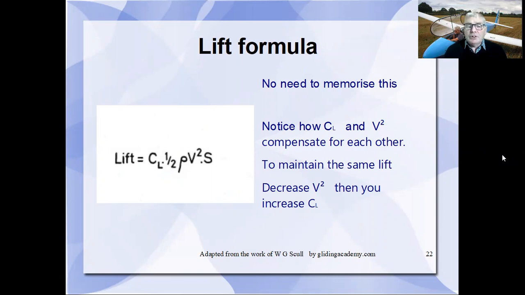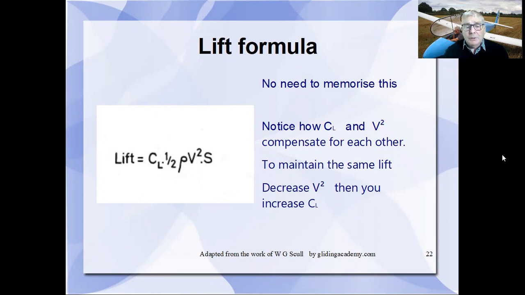So notice here the total lift equals the coefficient of lift, which is directly related to angle of attack, times half rho, where rho is the Greek symbol used for air density, times v squared, which is the velocity squared, times the square area of the wing. And the two things that a pilot can affect are CL and v squared.